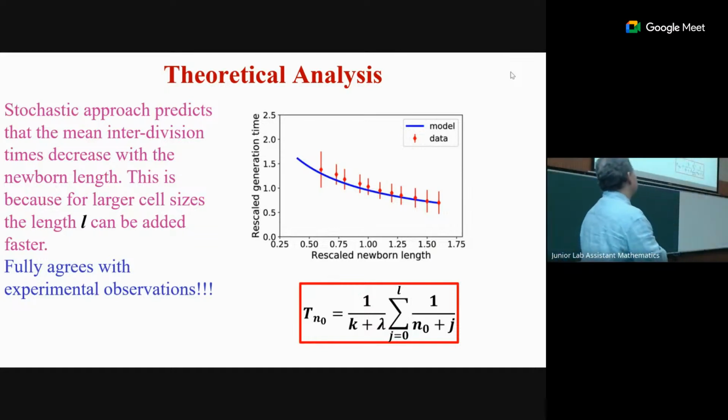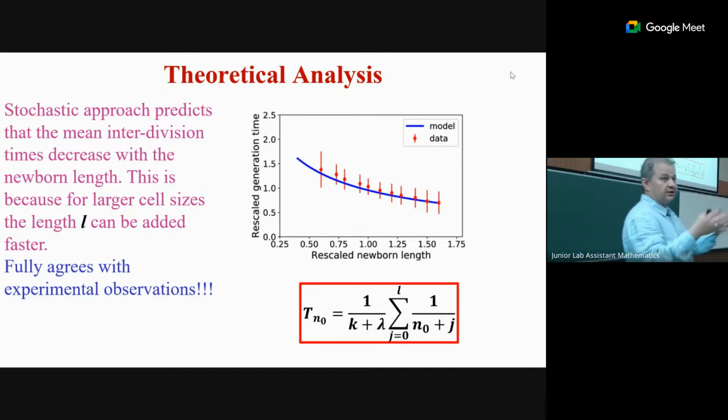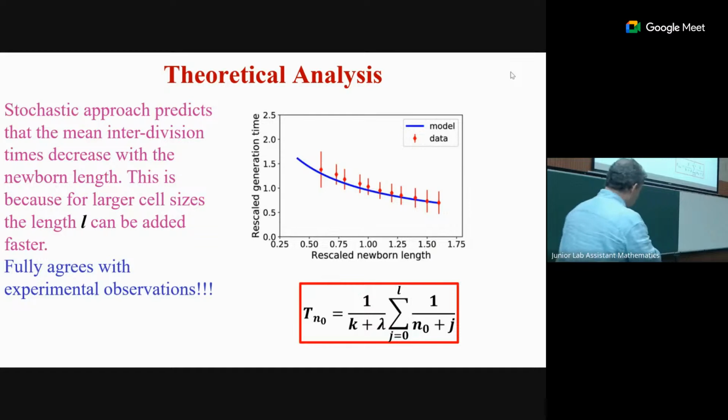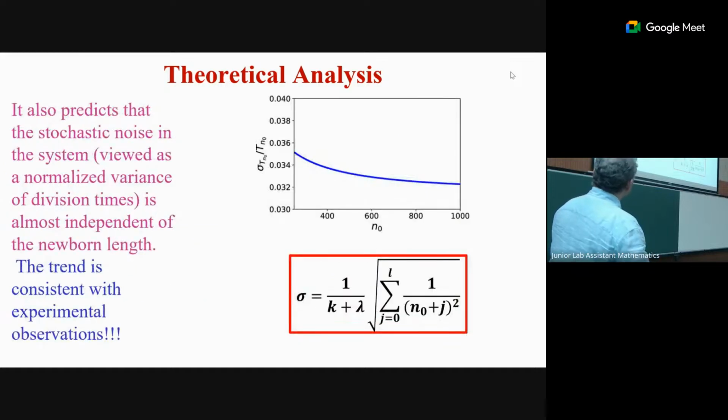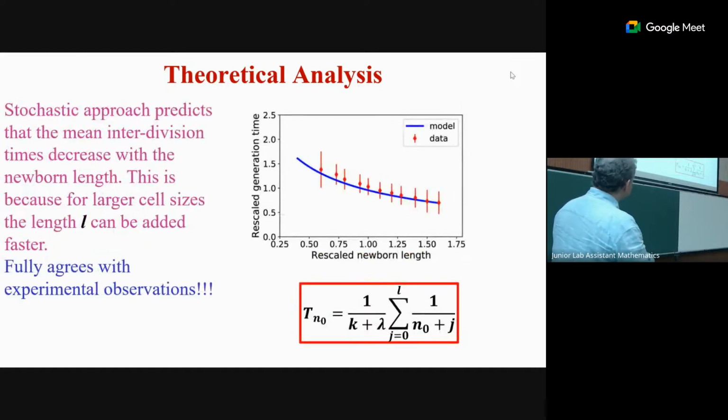What we see here is a rescaled generation time between divisions, in dimensionless units, versus the rescaled newborn length, the size of the bacterium after it was born. And there is a decrease. The question is, why is there a decrease?